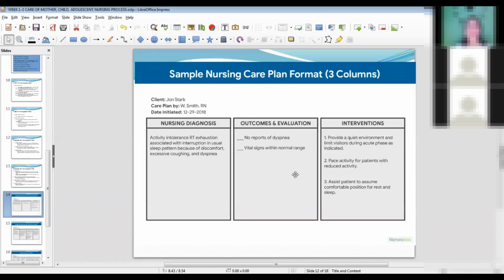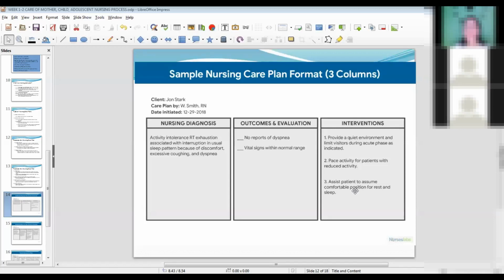So no reports of dyspnea because that is our manifestation here, or signs and symptoms. Vital signs within normal range, specifically his respiratory rate. Okay, and then provide our interventions. Provide a quiet environment and limit visitors during acute phase as indicated.